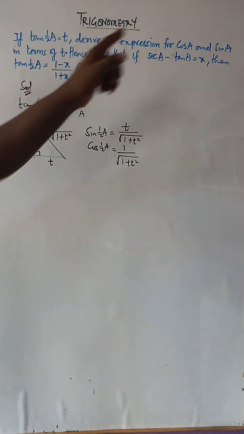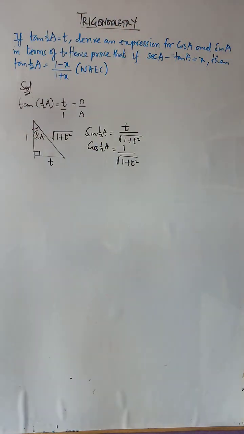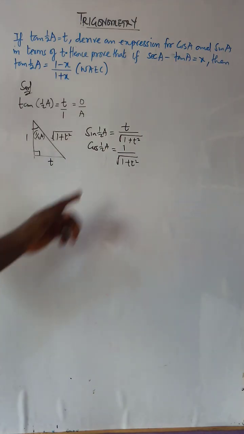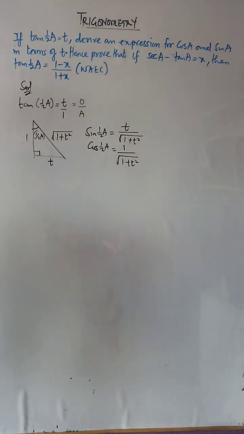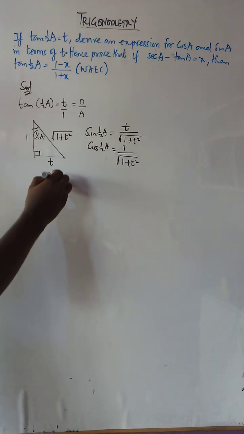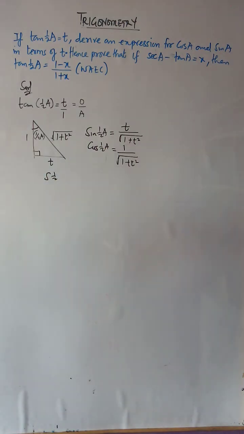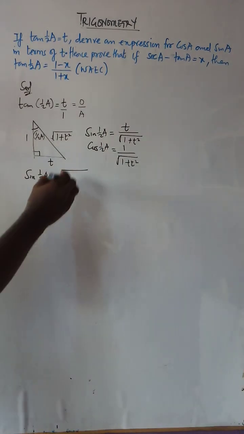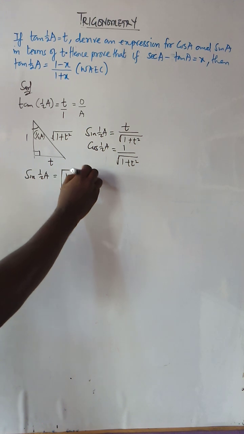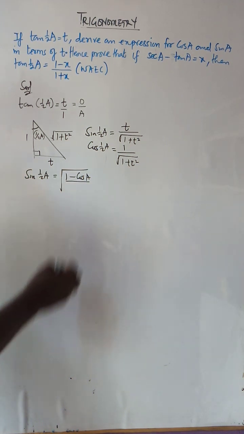We are looking for cos A and sine A in terms of t, not half. So recall, sine half of A equals the square root of (1 minus cos A) over 2.